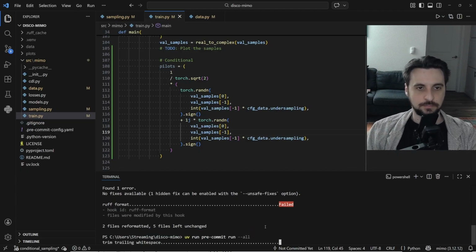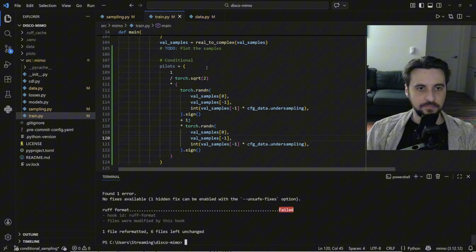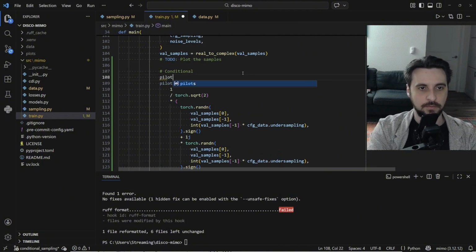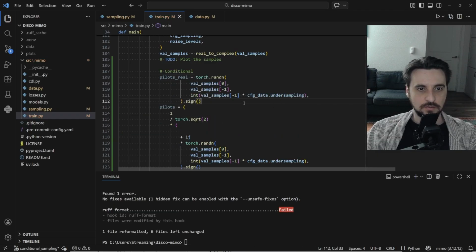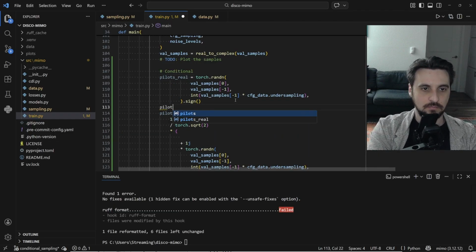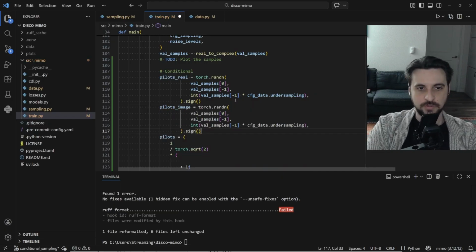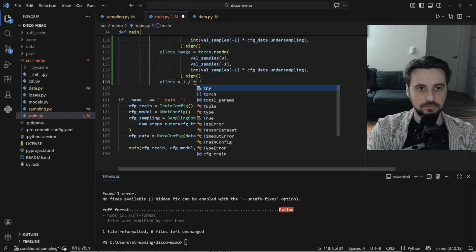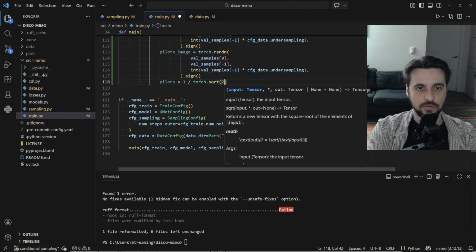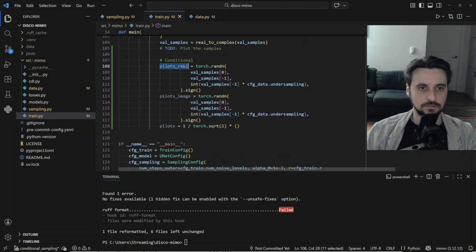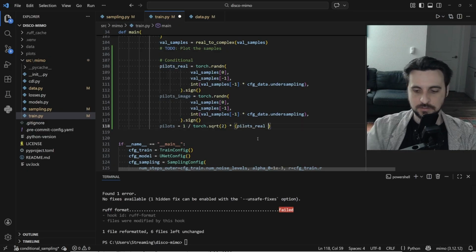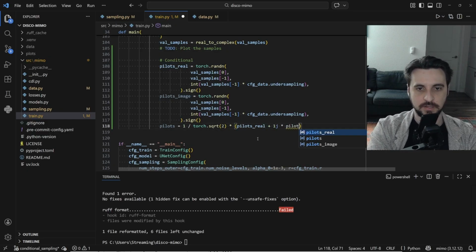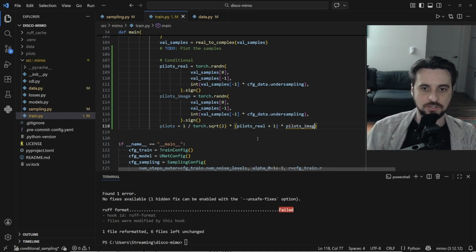Now this does look pretty ugly, so let's split this into two then. Pilots real is just this, and pilots imaginary is also exactly just this, and then pilots is just, I don't even need all this, it's just 1 over torch square root of 2 times pilots real plus 1j times pilots imaginary.